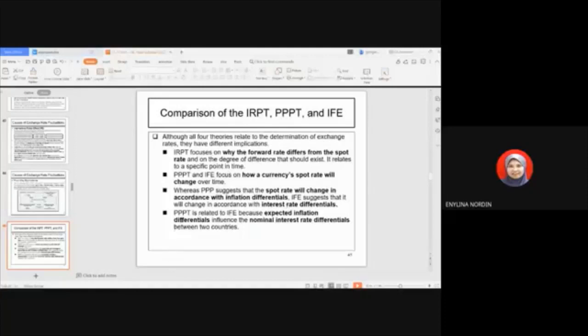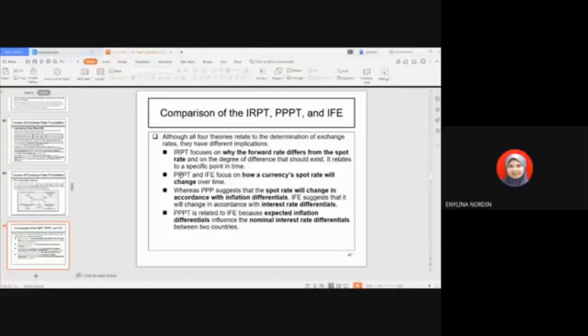Okay, right. And then PPPT is related to IFE because expected inflation, because PPPT itself is describing the relationship between inflation and exchange rate, right? And then the IRPT is the theory that shows the relationship between what?